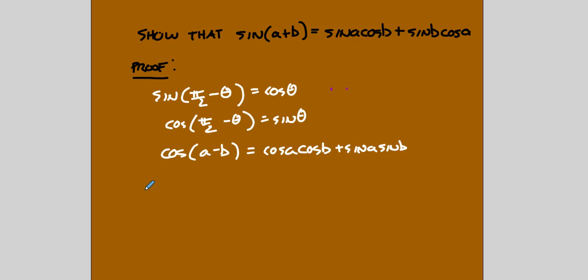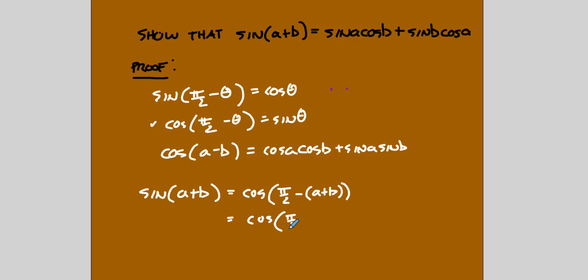Now let's start with the sine of a plus b. Using this property, I can rewrite this as the cosine of pi over 2 minus the quantity a plus b. Then I can regroup this as the cosine of pi over 2 minus a, minus b.